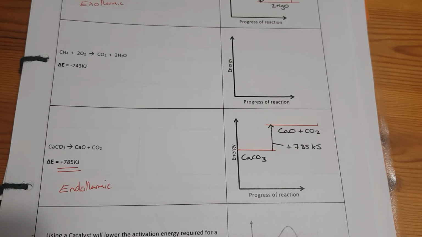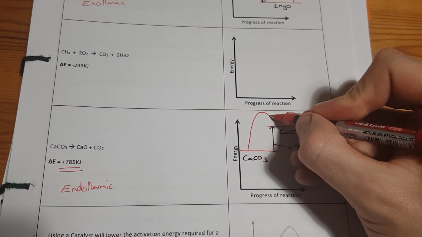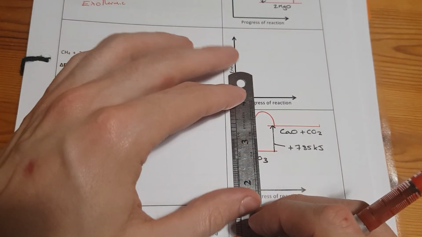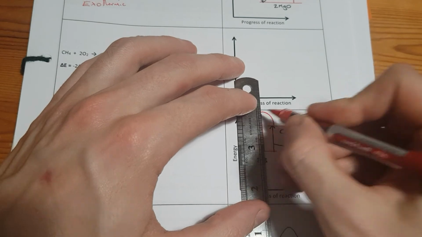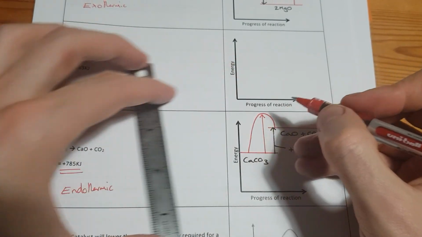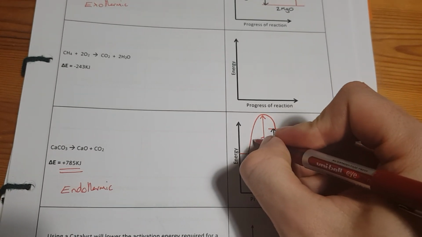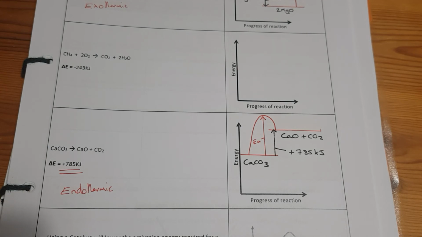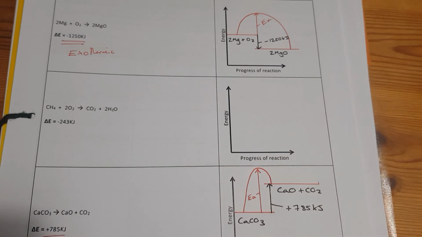And then our activation energy, okay, it's going to be a loop like that going from reactants to products. And we're just going to label the line between the reactants and the top of that curve. There we go. And we're going to label that activation energy.